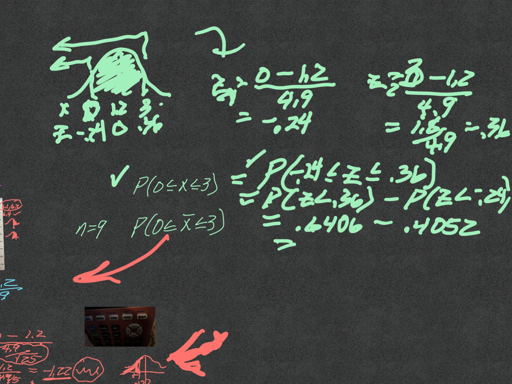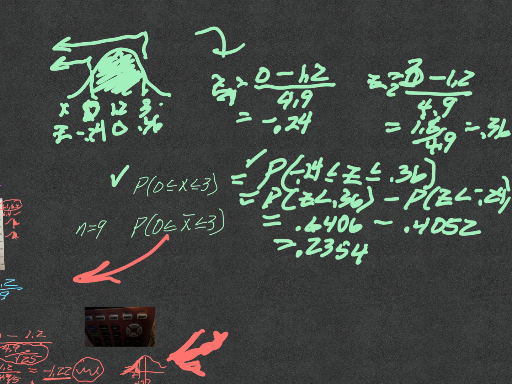When we subtract those, we get 0.2354. So there's a 23% chance that we'll pick a random student that gained between 0 and 3 kilograms, okay? And that's how you would do that problem.